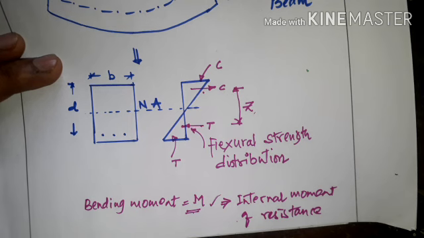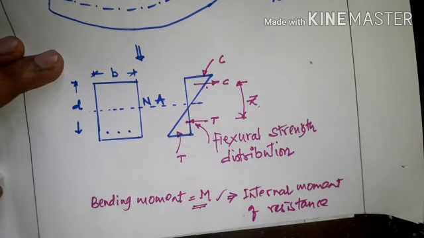This moment of resistance should be more than the factored bending moment acting on the beam. The internal resistance developed by the section should be more than the factored bending moment acting on the beam. Then your section will be safe, or your section will not fail. So that itself is called flexural strength, nothing but bending strength.